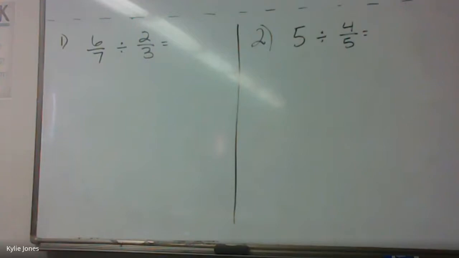Keep that the same. Change that to multiplication. Flip that around. The denominator stays the same, denominator or denominator. And you flip this one upside down.